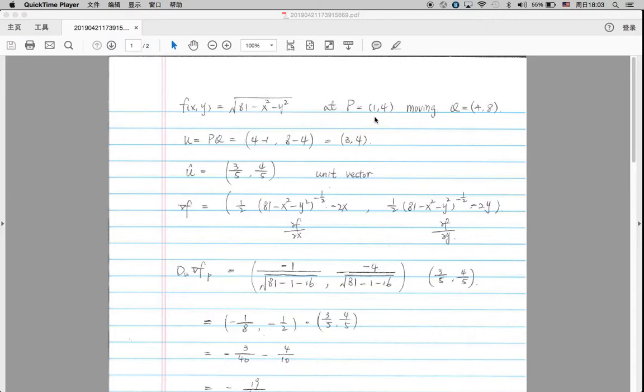If you were moving in the other direction, you would use (1, 4) minus (4, 8). So moving from P to Q is basically using the ending point minus the starting point.